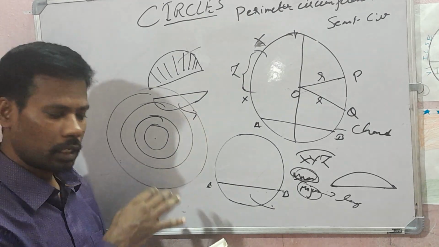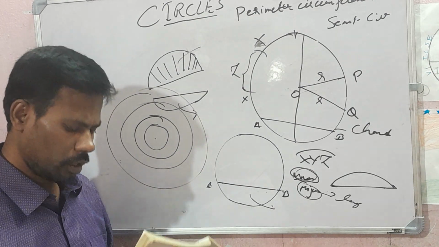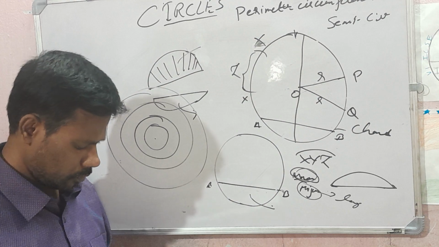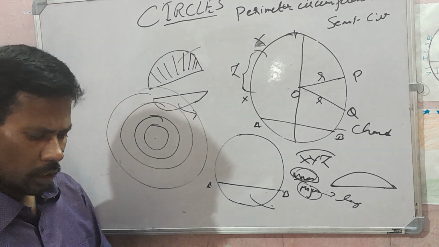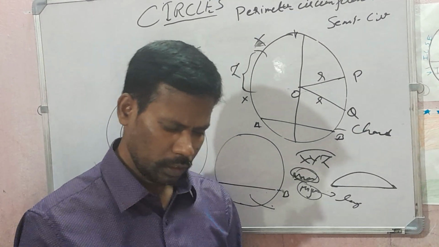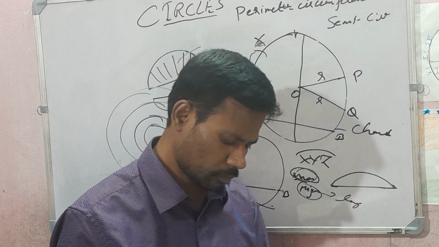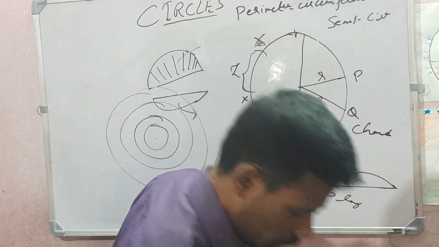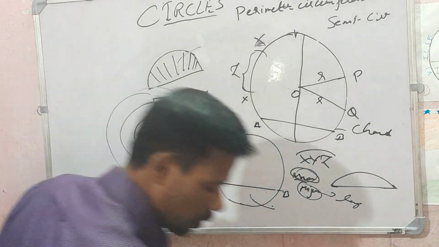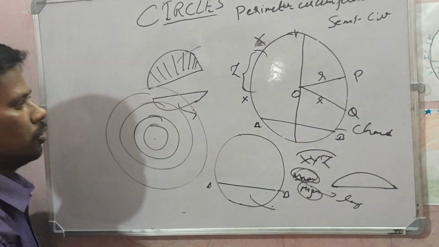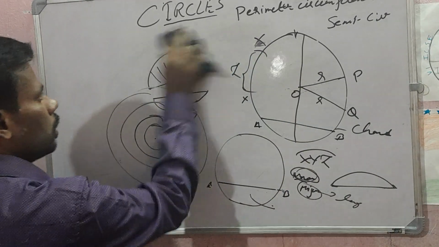Next, concentric circles. Last 3 important points: secant of a circle, tangent of a circle. Secant and tangent. These are the two words which are new for you. So all these things you have learnt earlier.